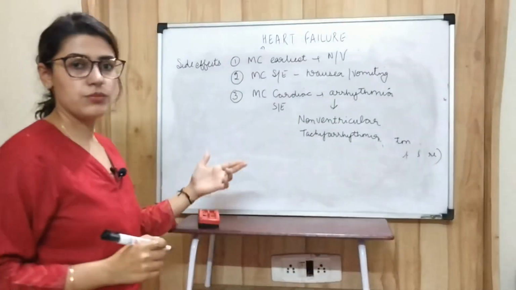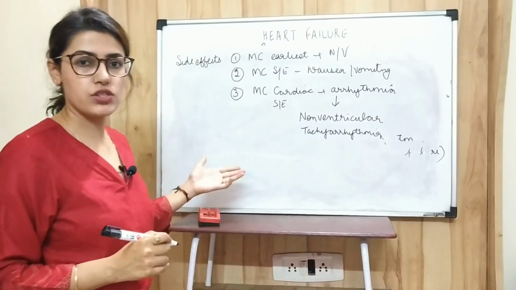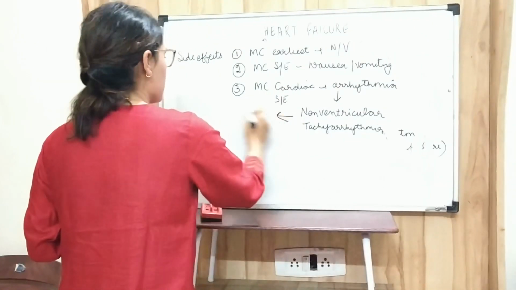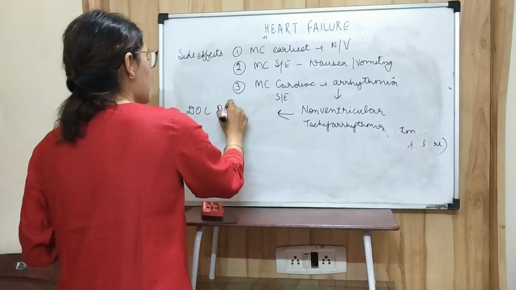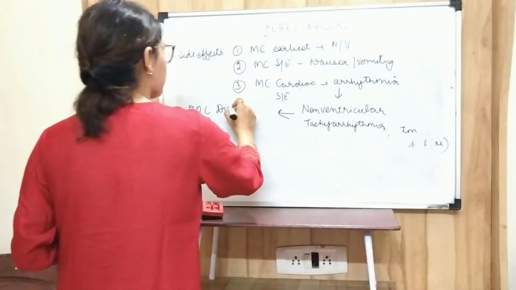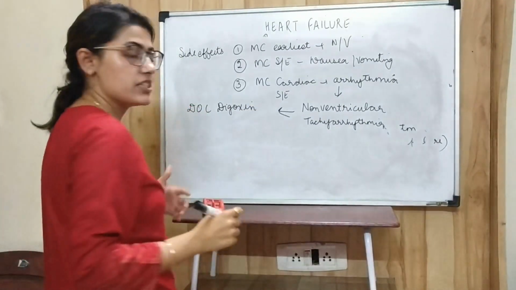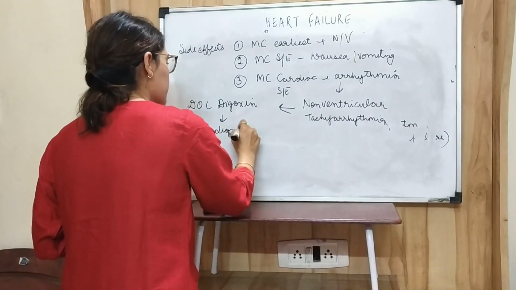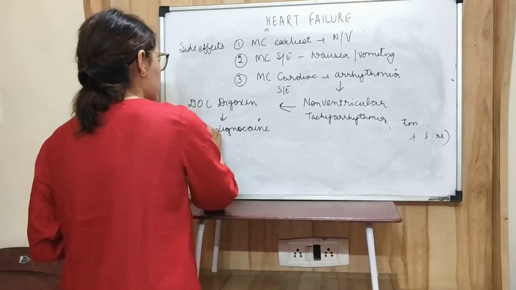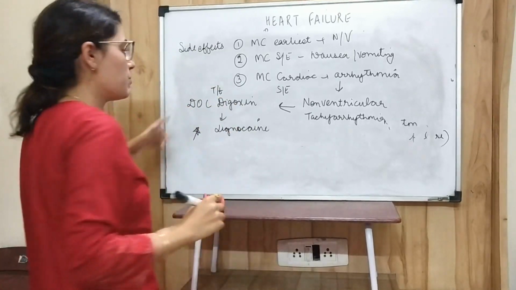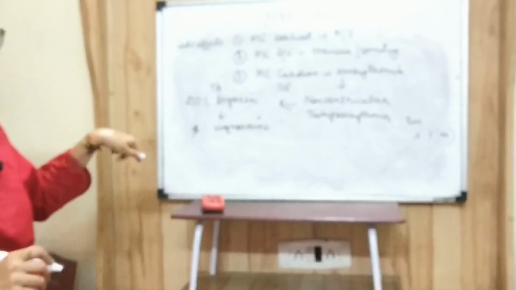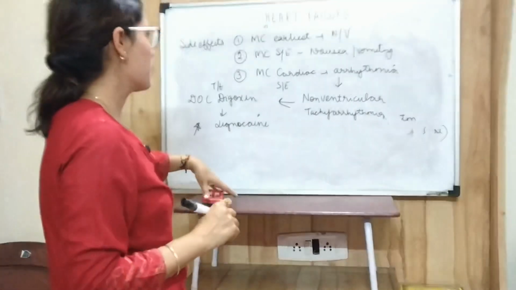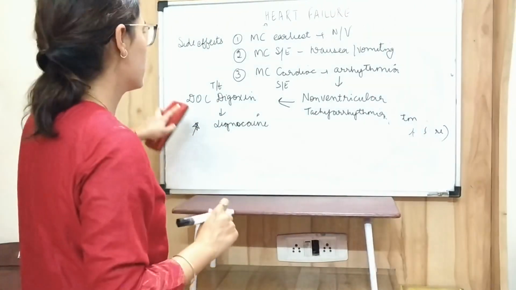Quite frequently it is asked, what is the drug of choice for digitalis-induced arrhythmia? Digitalis or digoxin-induced arrhythmia. The drug of choice is lignocaine. Treatment of digitalis-induced arrhythmia is lidocaine, and the cardiac side effect is non-ventricular tachyarrhythmias. So these are the few side effects related to digoxin.